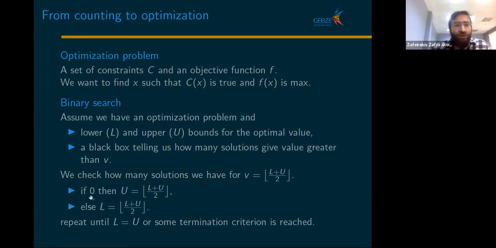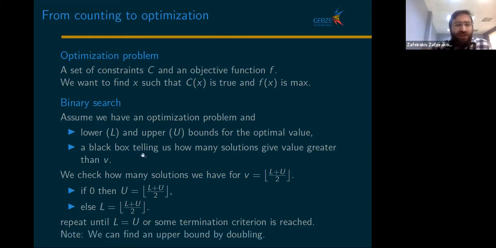Now, if we have 0 solutions, then it means that v is above the optimal value. And we set the upper bound to our old v. Otherwise, we increase the lower bound. And this way, we will find at some point the optimal value. We repeat this process until either the two bounds are equal or some other termination criterion is reached.